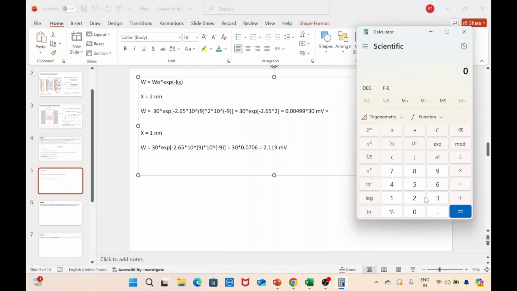The earlier value, 0.00499, times 30, let me recalculate this, is 0.1497.